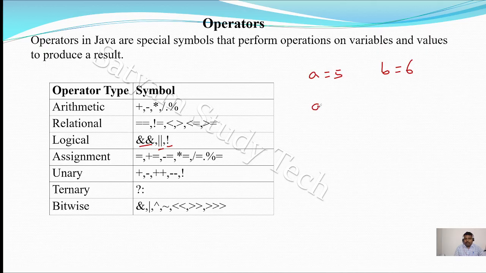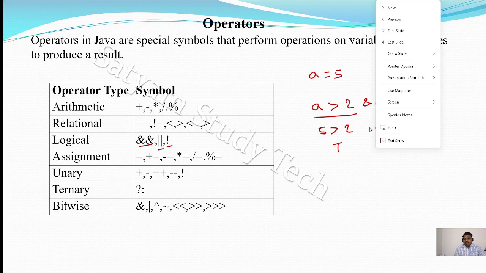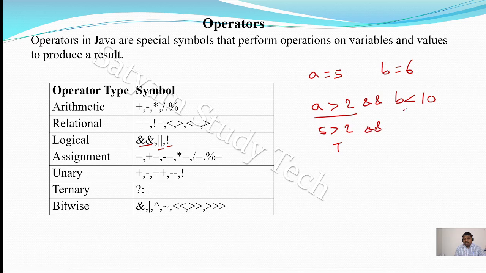Consider the statement a greater than 2 logical and b less than 10. A greater than 2 means 5 greater than 2, so it is true. And b less than 10, that is 6 less than 10, it is also true.